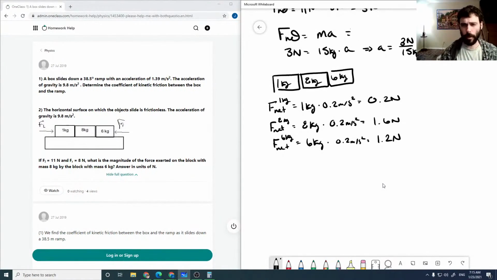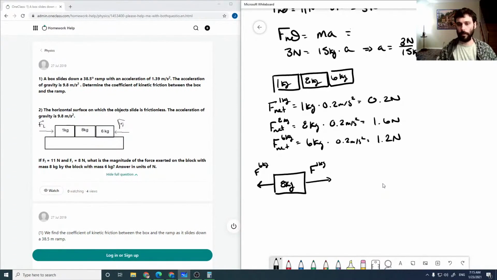Now we can decompose our 8 kilogram block to figure out, so it's going to get a force from the 6 kilogram block, which I'm going to call F6 kg, and a force from the 1 kg block, which I'm going to call F1 kg.